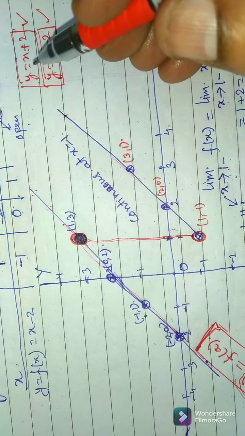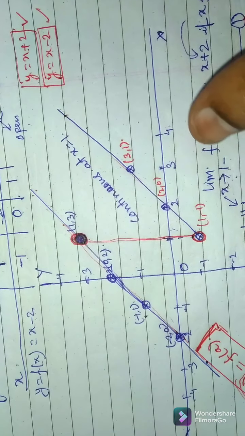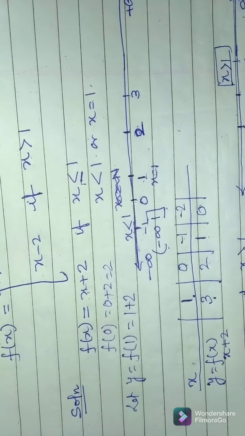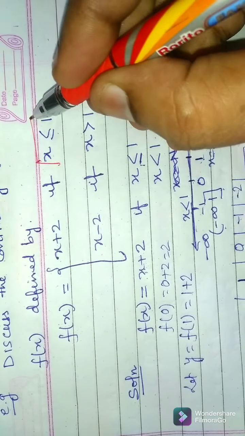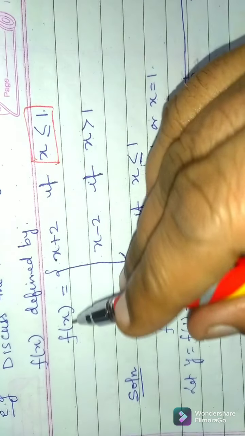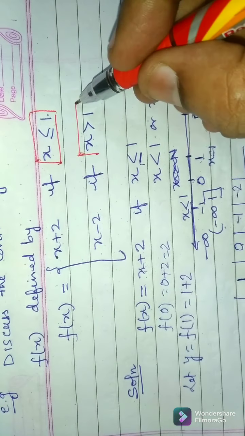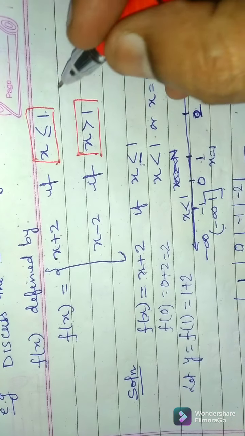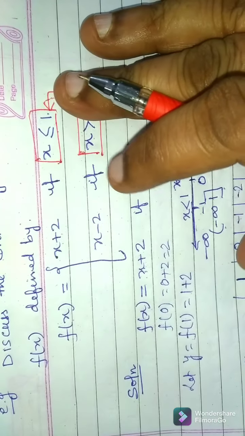But under the condition at the point x is equal to 1, when the condition is given, x less than or equal to 1, for which f(x) is equal to x plus 2, and x greater than 1, for which f(x) is equal to x minus 2, at this point only the function is discontinuous.